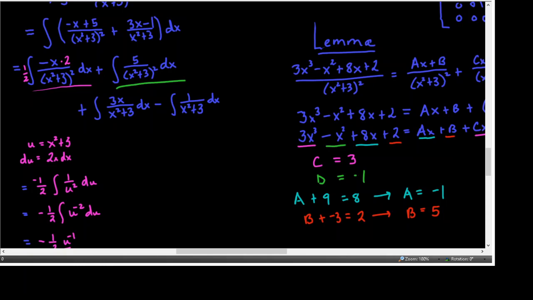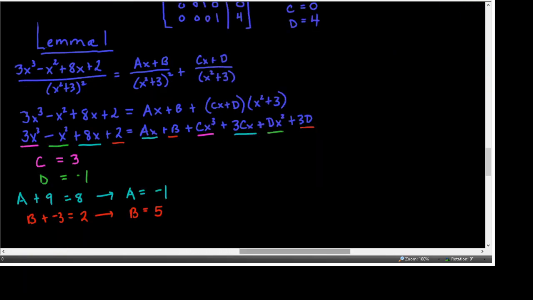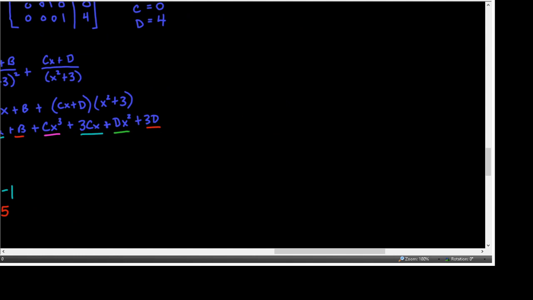Because the second one is rather complicated, I'll go off and do lemma number 2 now. Do it over here to the side. Yeah, I've got room over here. Okay, so this is lemma 2.